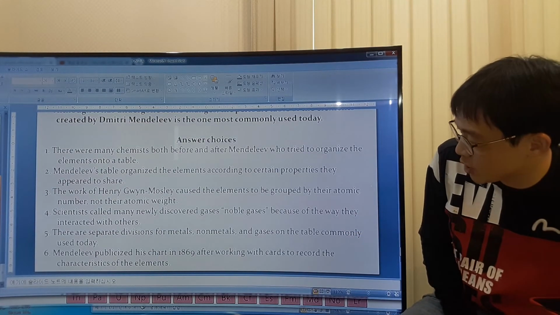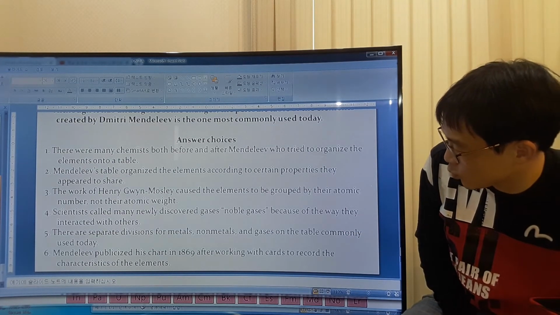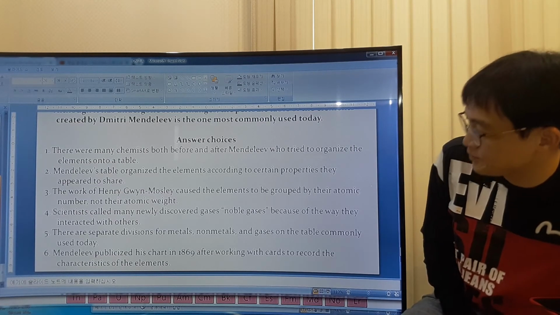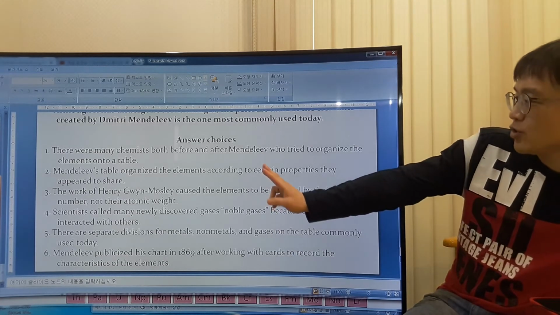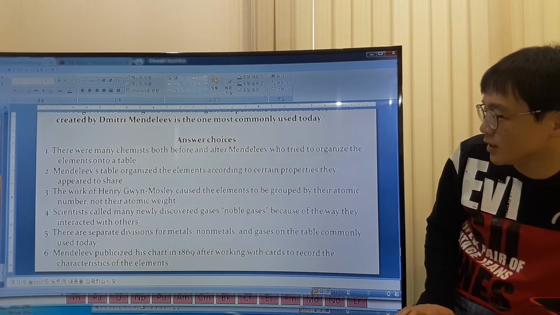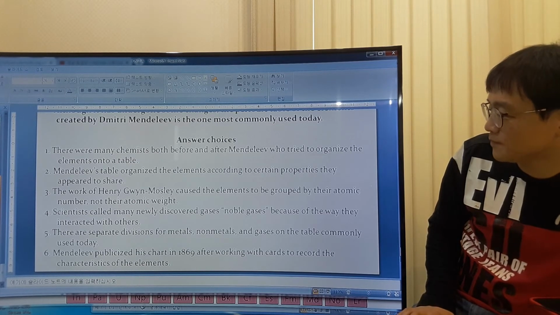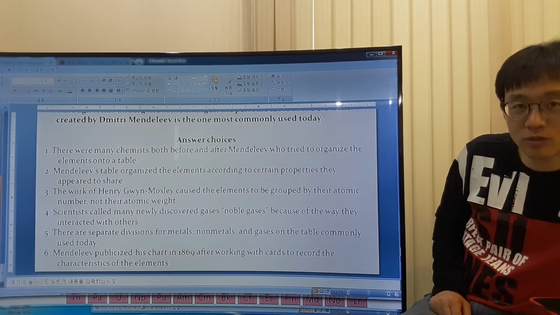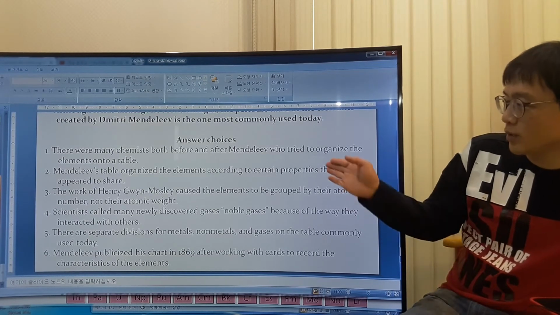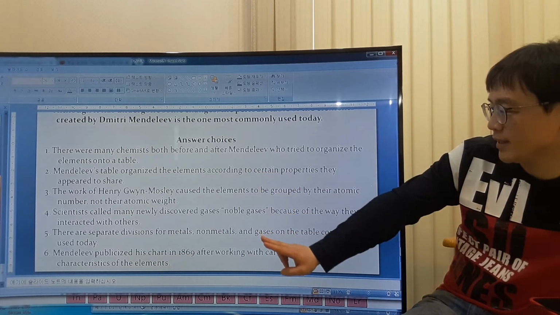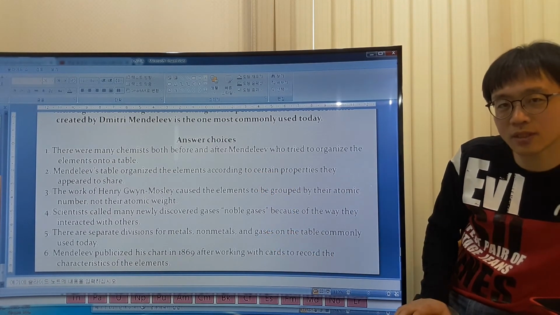Mendeleev publicized this chart in 1869 after working with cards to record the characteristics of the elements. So 6 and 2 is somewhat similar. So what is more general? Number 2 is more general, right? So we're going to pick 2 instead of 6. So 2, 3, and 5 would be the answer.